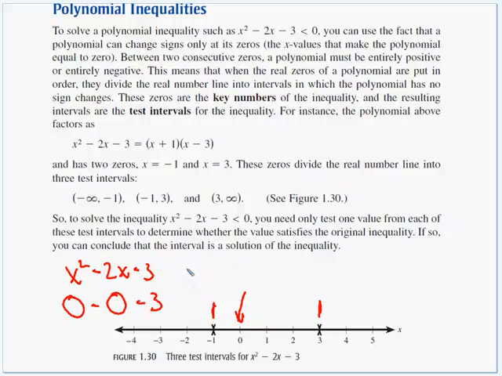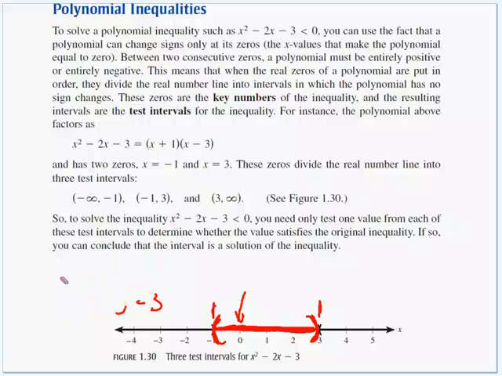So I get negative 3 is less than 0. Because remember, our original inequality was set less than 0. Is this a true statement? Is negative 3 less than 0? Yes. So this interval, all the way from negative 1 to 3, is part of our solutions.